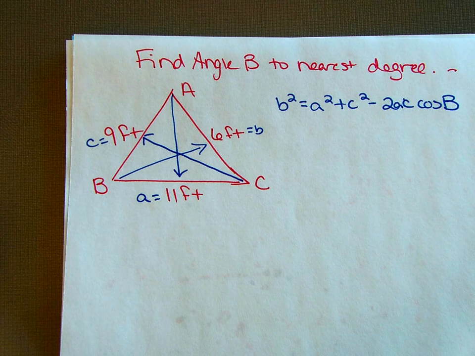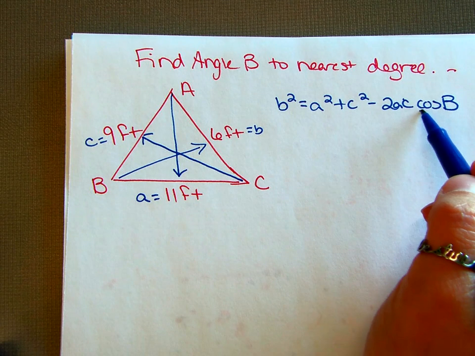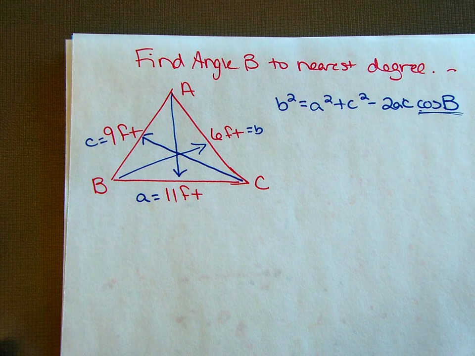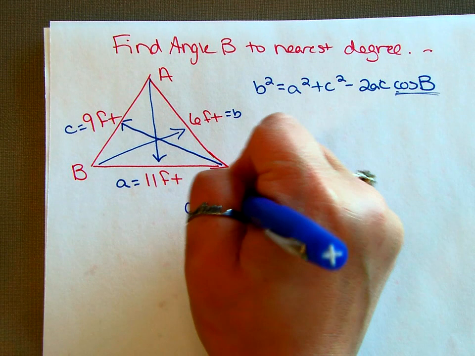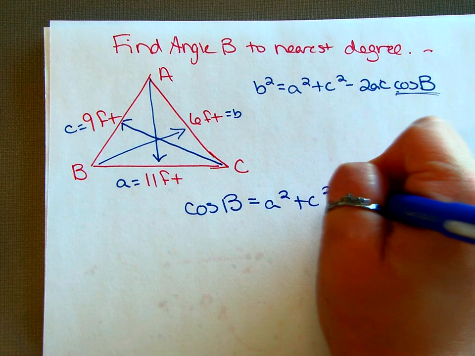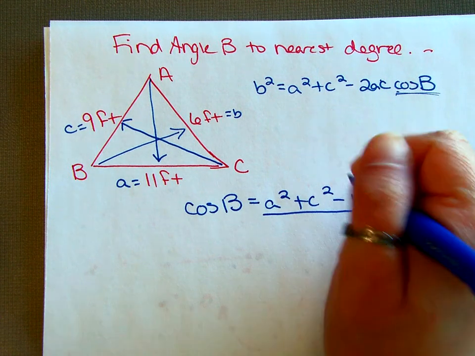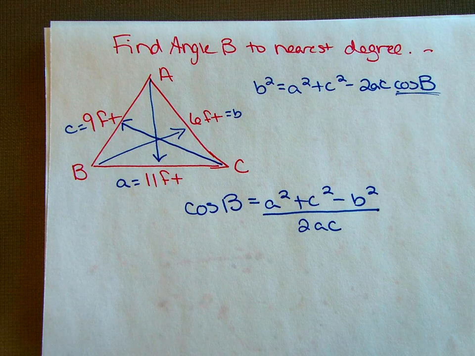Since I know I'm solving for my angle, before I do my plug and chug, I'm going to do that manipulation where I move everything around again, and I have cosine all by itself. So I get cosine of B equals A squared plus C squared minus B squared all over 2AC. That way I can either plug in everything and then do the inverse cosine, or I can do inverse cosine with all of my numbers already sitting there.